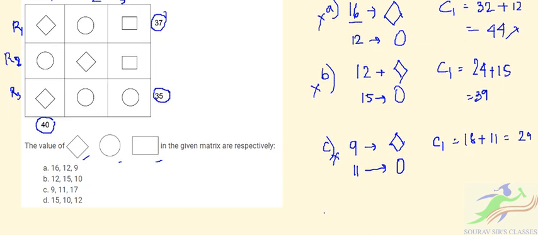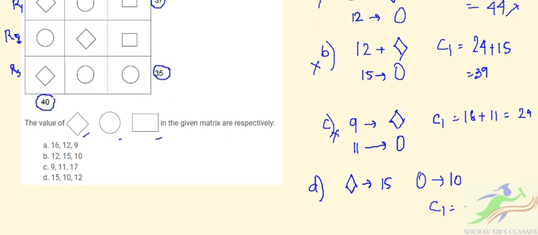So let us check option D. If we consider this figure as 15 and the circle as 10, then C1 will be 40, right?